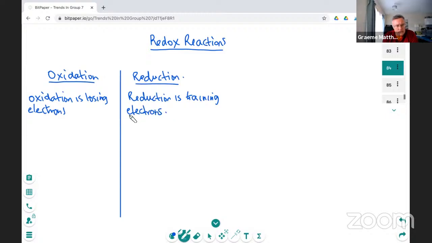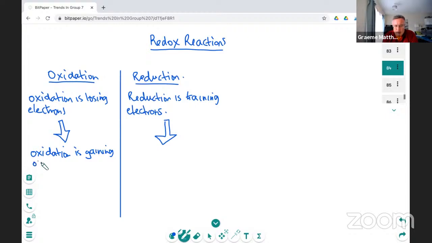Another way of looking at it, which becomes really useful when we look at organic chemistry, is that oxidation is gaining oxygen.